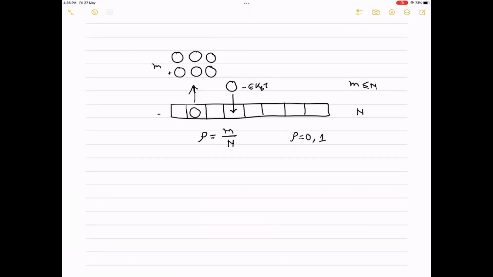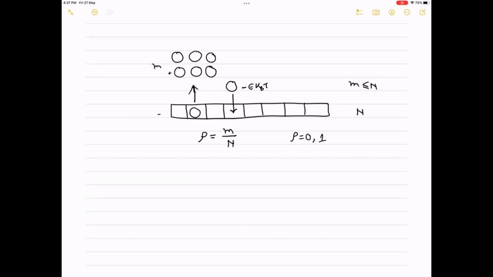So I can think of the state rho where m proteins are available for binding or bound to it as a macroscopic state, right? And what we are interested to find out is that out of these m number of proteins, how many of them will go and bind to it.